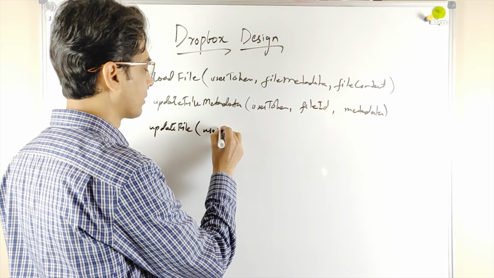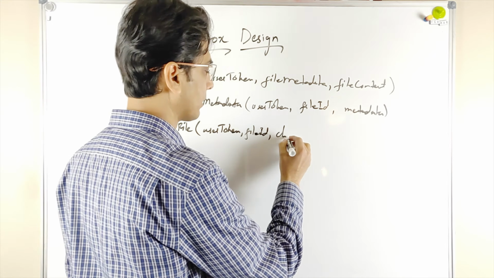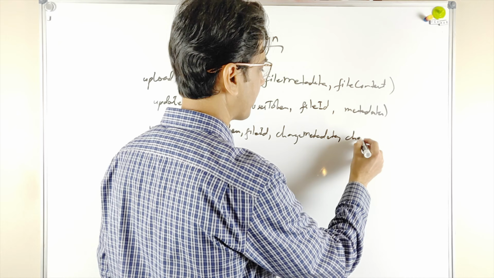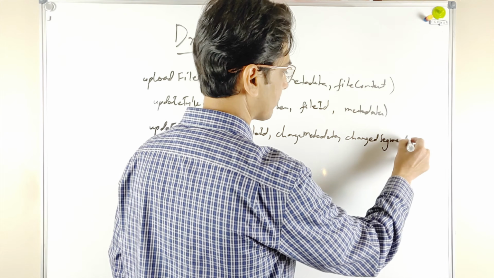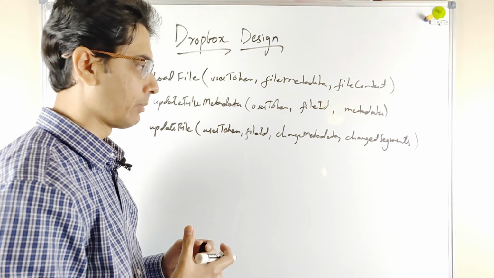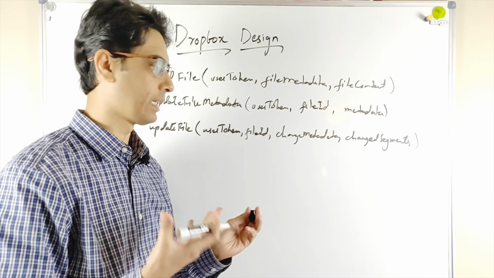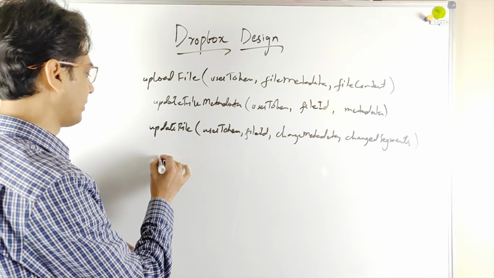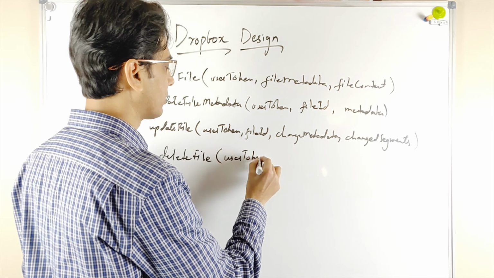It takes user token as input, file ID, change metadata, and change segments. And this change segments is the input stream for all the different chunks or segments of the file that are changed.